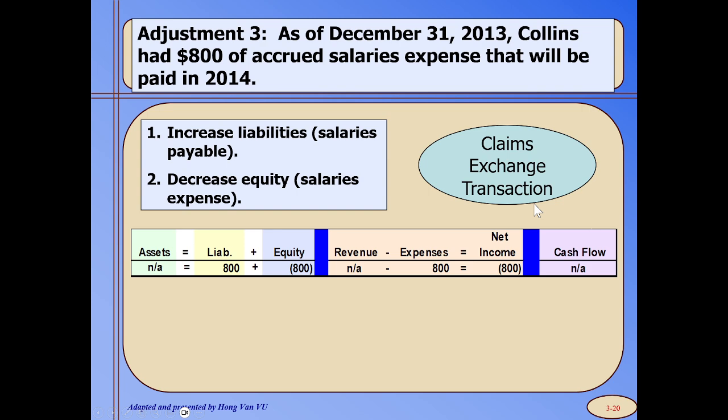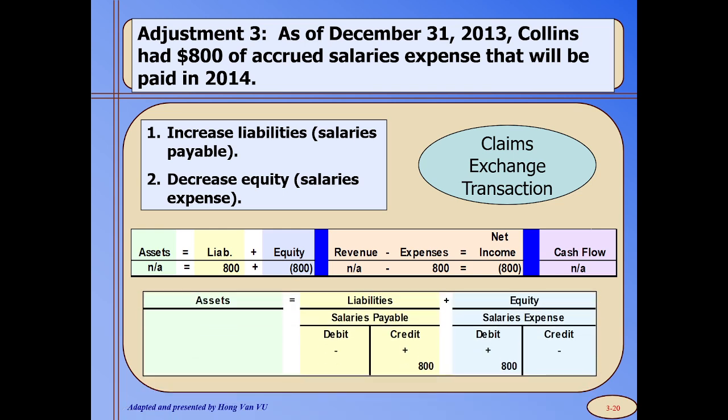And as before, here is the illustration of the impact on the T account. We have the liability, salaries payable, increasing, and equity decreasing because there's an expense increase of 800. And finally, you can see the effect of this transaction on the financial statements model.